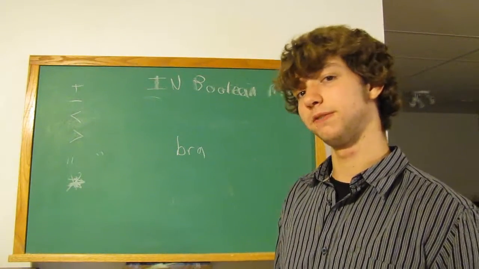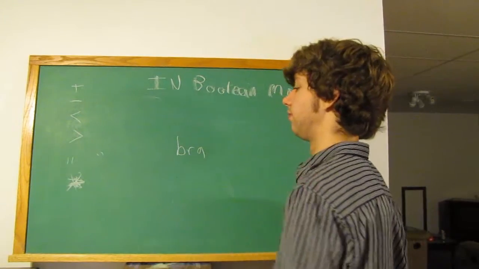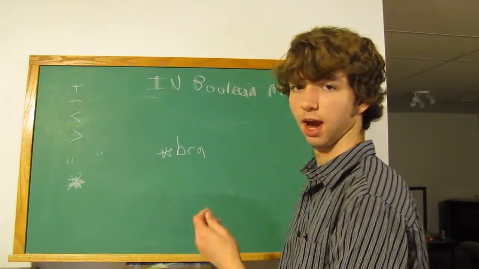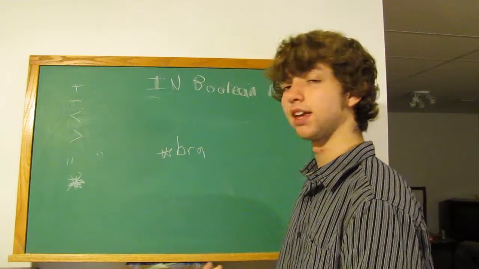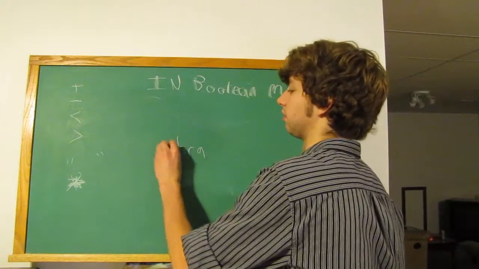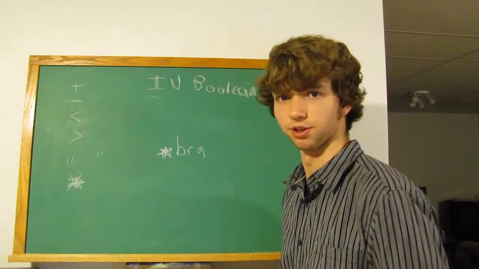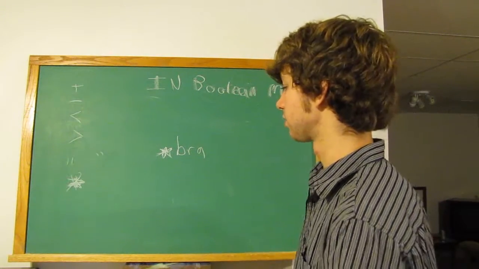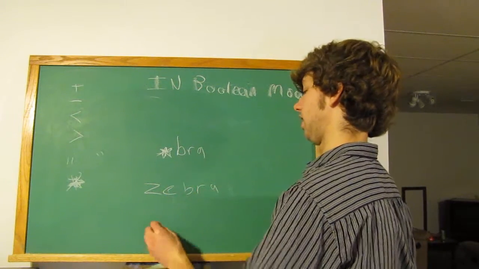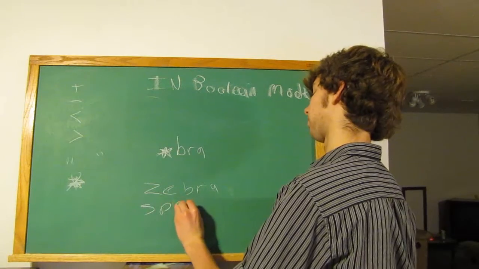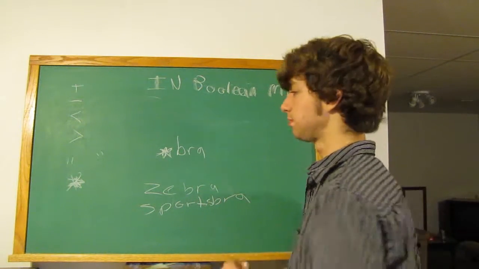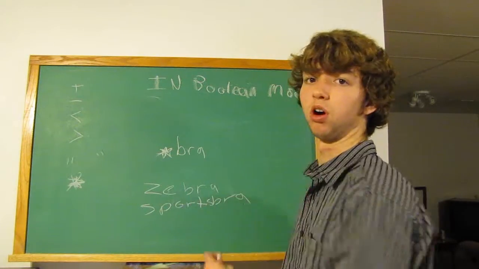Now, if you were to put this before this word, that's an asterisk, this would return zebra and sports bra, you see? Basically anything before the word bra, as long as bra is the ending.